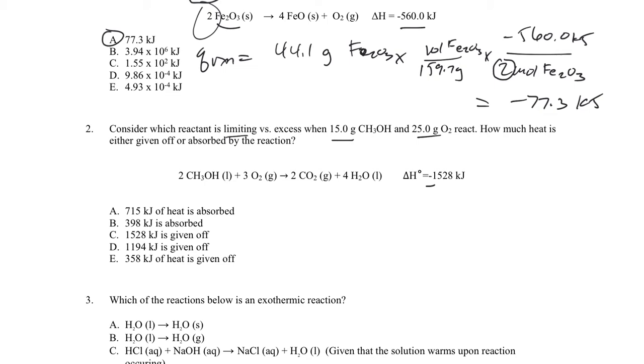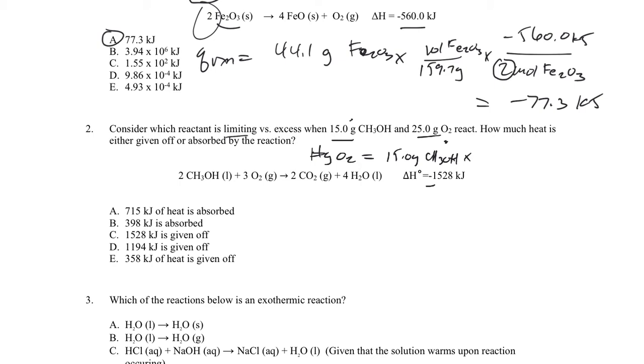I might say, well, how much O2 do you need to react with all of the given methanol, just from a chapter 3 perspective? So I take 15 grams of methanol. And I need to use the molar mass of methanol.